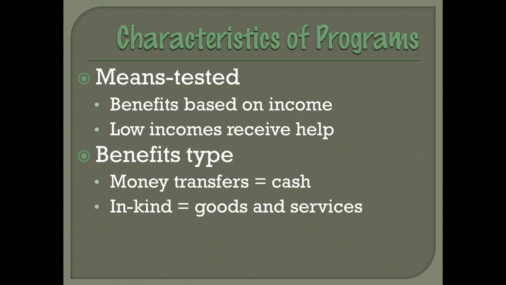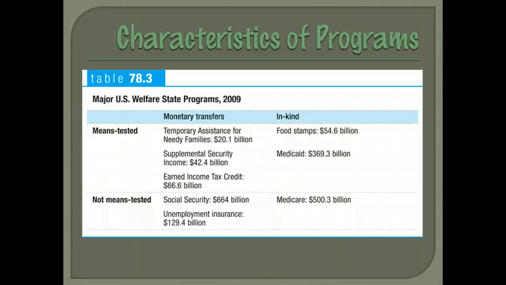So what we can do is create a matrix that will help us to characterize various programs that the government offers. When we look at this matrix, we can see that means-tested programs, which look to see whether you meet a certain qualification or not, are things like Temporary Assistance for Needy Families, the Earned Income Tax Credit, Medicaid, or food stamps.